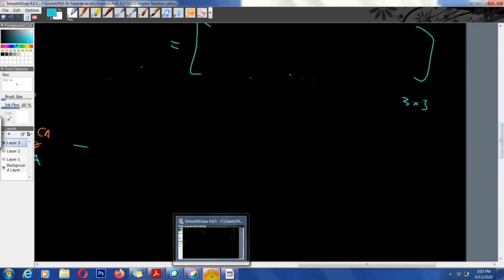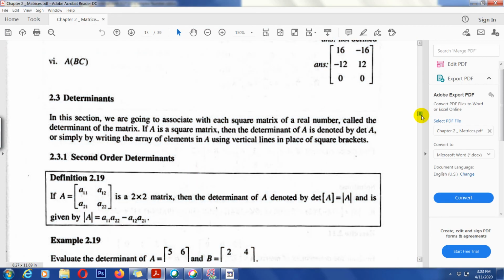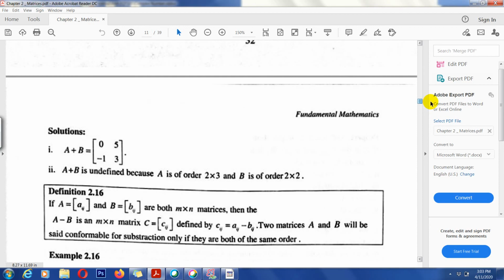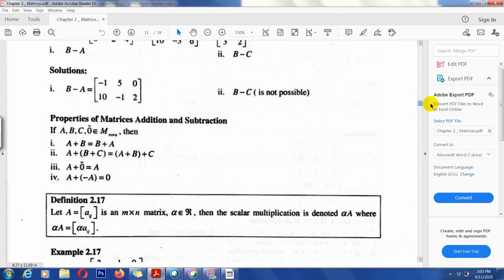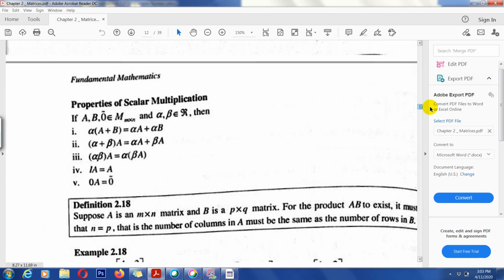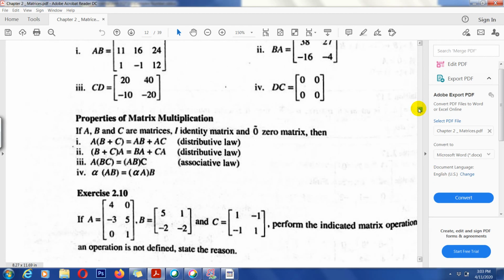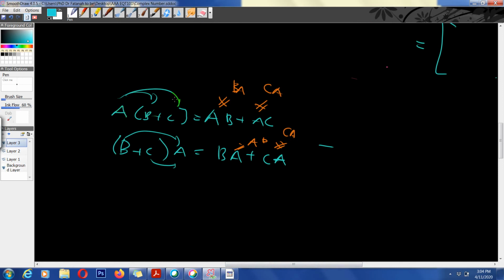Okay, so now this is matrix multiplication. This property of matrix multiplication is most important in this chapter, where we should understand what it actually is. Here is how we get this: a times b, a times c, we get ab plus ac.